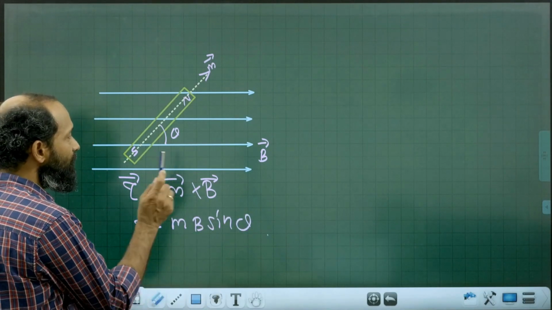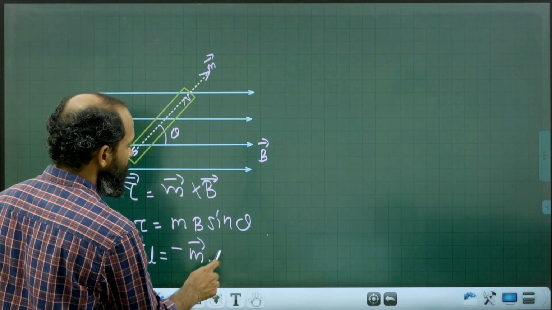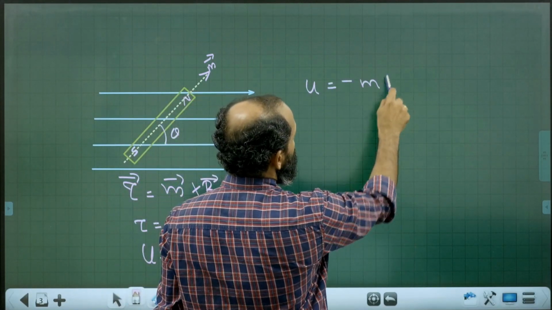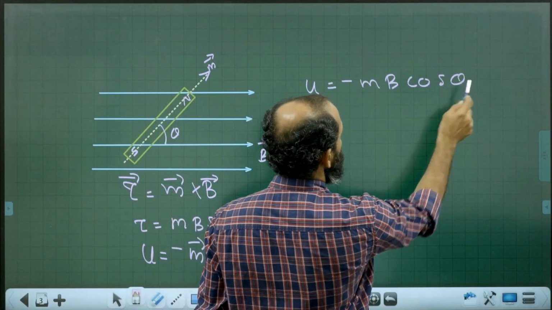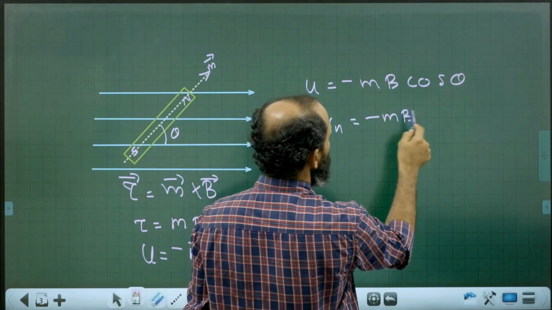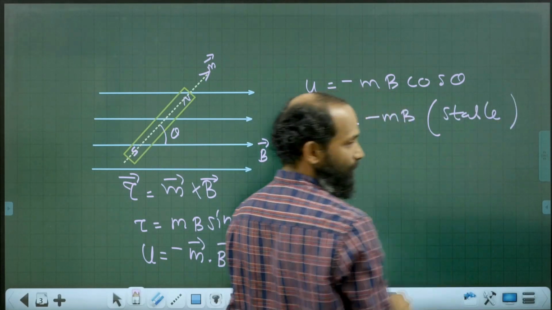That is why in this configuration it has a potential energy given by minus m dot B, which can be written as minus mB cos theta. The minimum potential energy is minus mB, when theta is equal to 0.